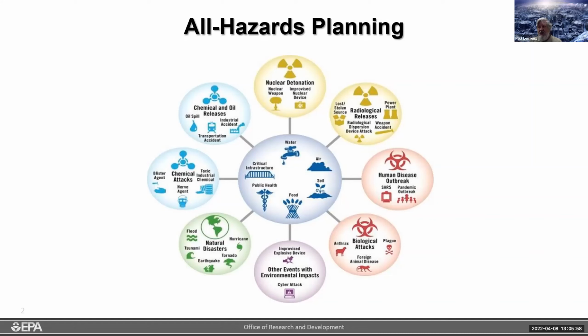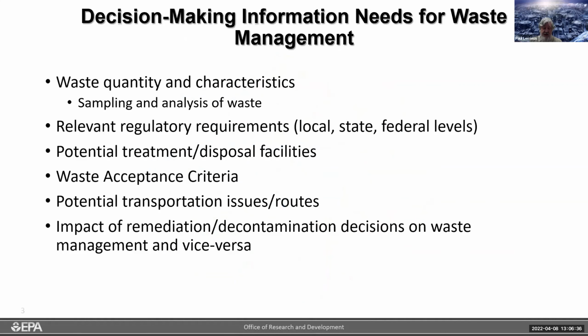They're trying to promote this all hazards situation so that for the most common types of disasters, like a hurricane or a flooding incident or a tornado, the information we get planning for those would be applicable to other much more infrequent types of disasters, like a biological incident or a radiological incident. So the idea is that by having some of these pre-incident plans in place, it will greatly facilitate the management of the waste, which is a huge problem with some of these large incidents.